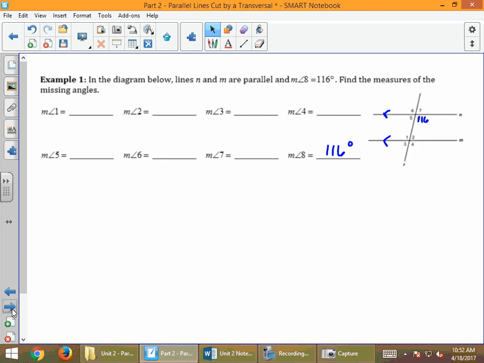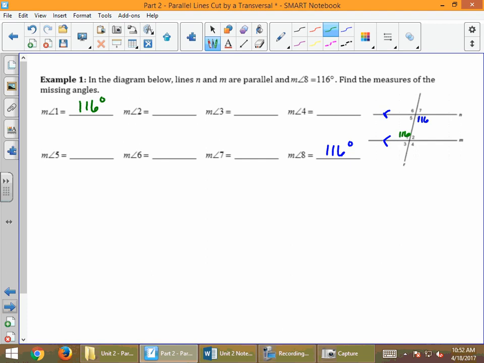Well, if we look here, I'm going to go with alternate interior. Okay. Angle 8's alternate interior angle is angle 1. And we just said alternate interior angles are the same. So if 8 is 116, that means angle 1 is also going to be 116 degrees. Try to figure out more angles that are the same.